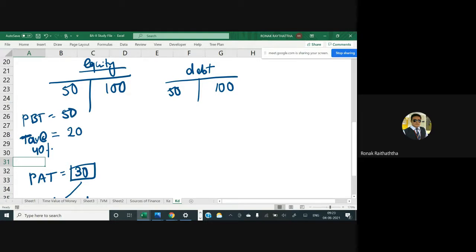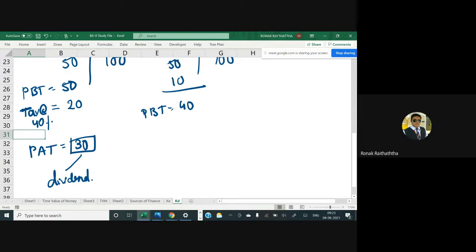Say you pay interest of 10, then your profit before tax reaches 40 rupees. On that, you will be making the tax payment of 40%. So that's going to be 16 rupees. So your profit after tax will be 40 minus 16, so that's going to be 24.